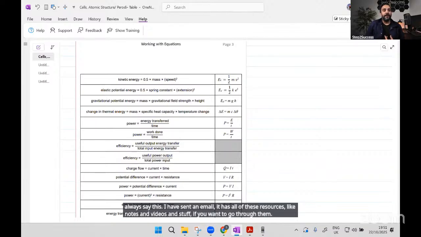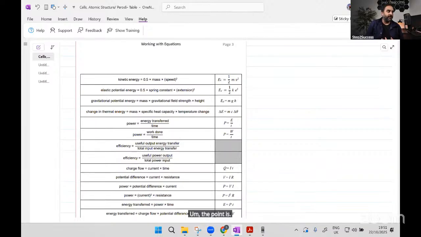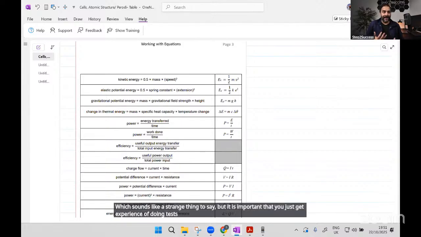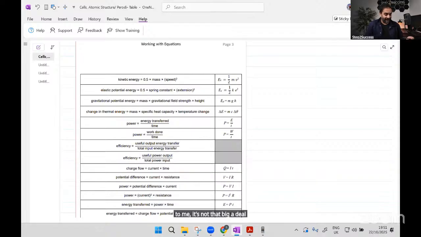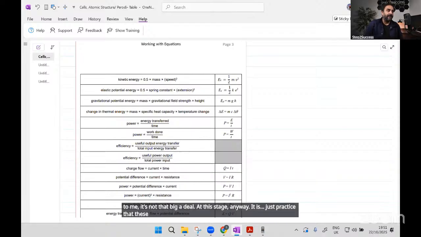The point is, it is important for you to practice doing tests, which just sounds like a strange thing to say, but it is important that you just get experience of doing tests, no matter how you do in that test. To me, it's not that big a deal at this stage anyway. It is just practice that these are the style of questions that you're going to get. You get some experience of doing a test, and that will make you better at tests overall.